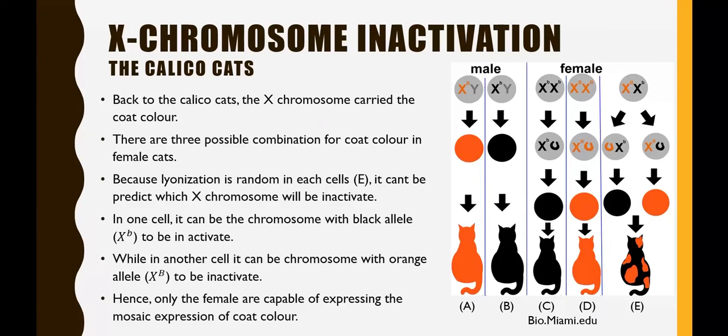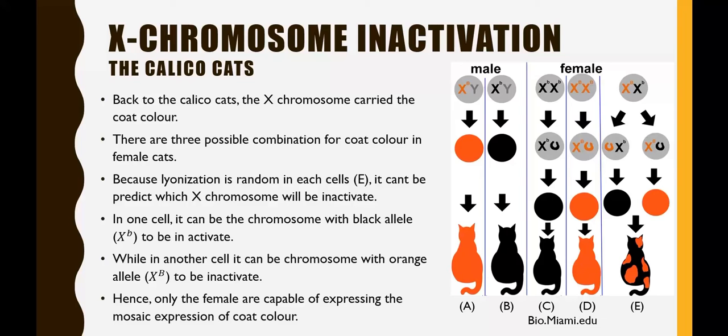Back to the calico cats. The X chromosome carries the coat color. There are three possible combinations for coat color in female cats, C, D, and E in this figure. Because inactivation is random in each cell, it cannot be predicted which one of the two X chromosomes will be inactivated.